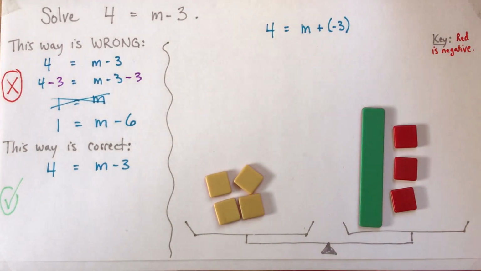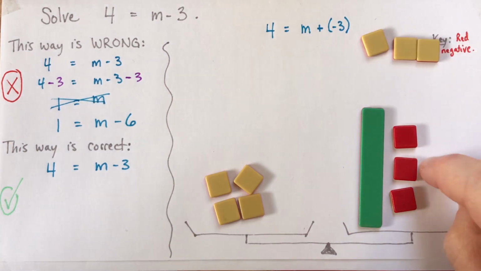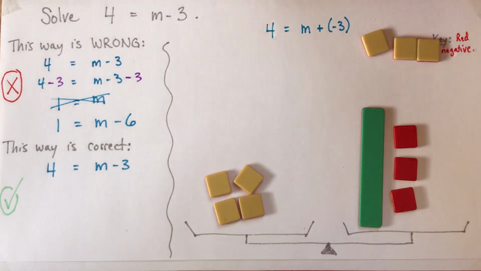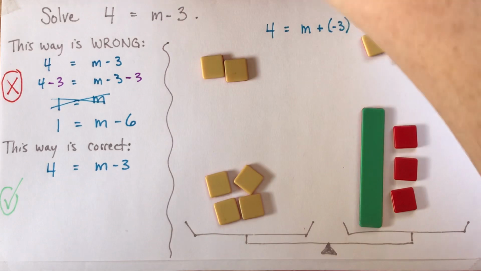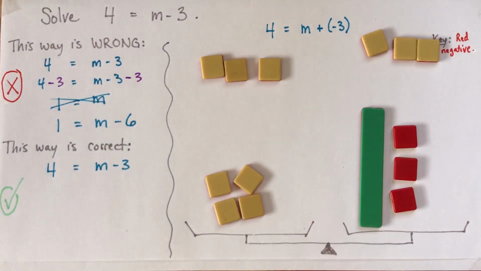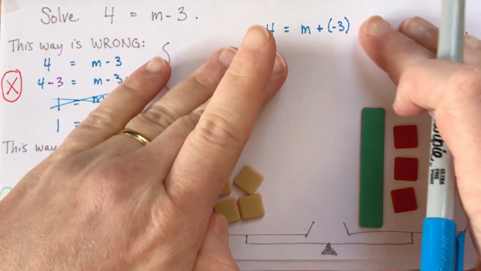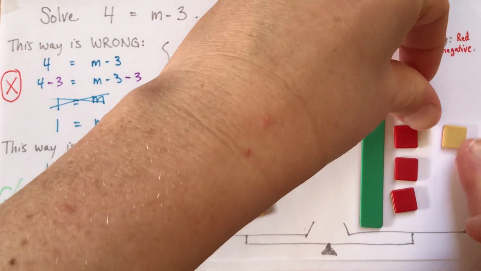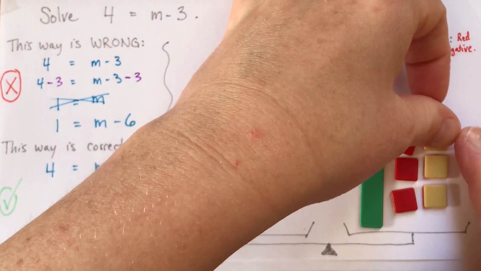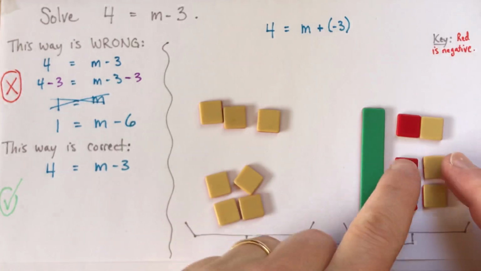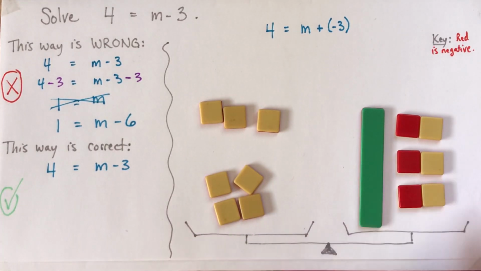What we'd like is some 0 pairs. If we had 3 0 pairs here, that would be 0 and we could just get rid of it. So if we add positive 3 to both sides, this is 0, that's 0, and that's 0.